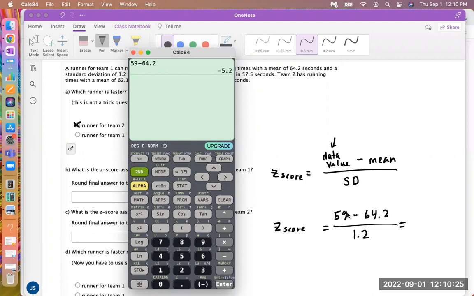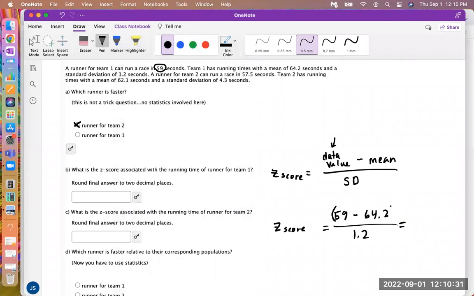When we're doing calculations like this, it's important that you remember that when there's subtraction in the numerator of a fraction, there are always parentheses in the numerator and denominator of a fraction, saying do all of the operations in the numerator, do all the operations in the denominator, and then divide the numerator by the denominator.